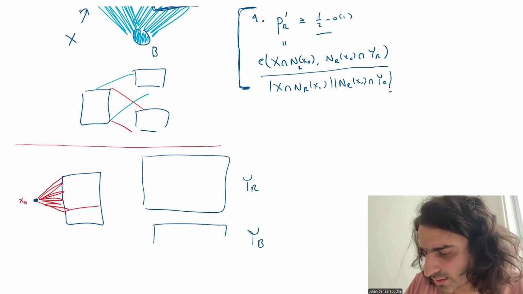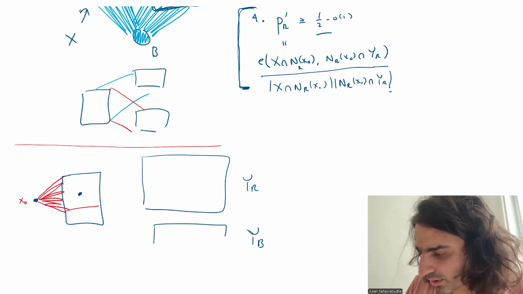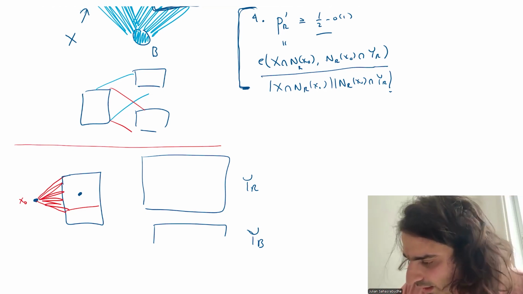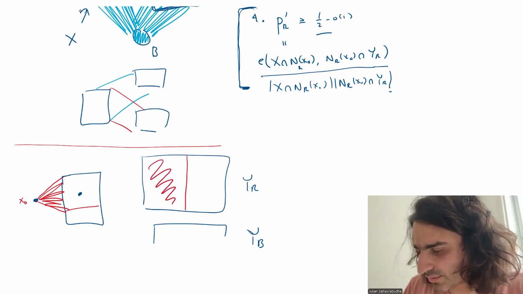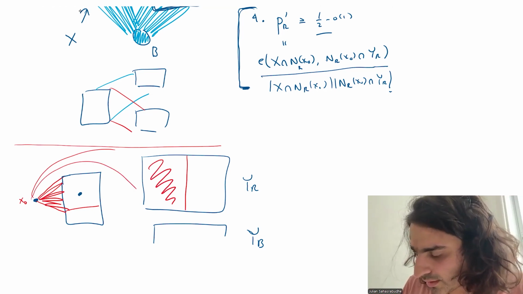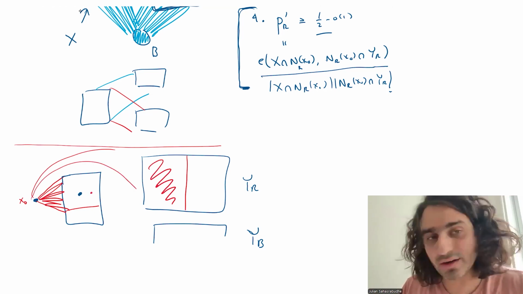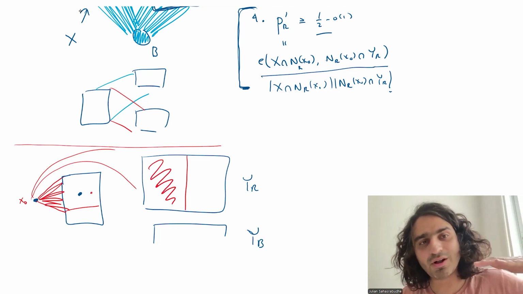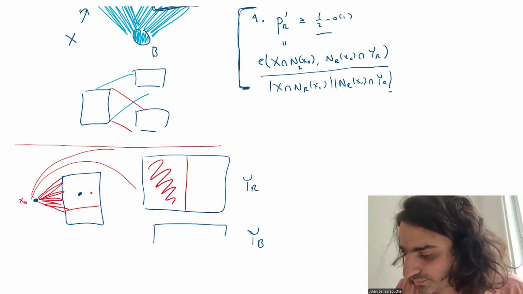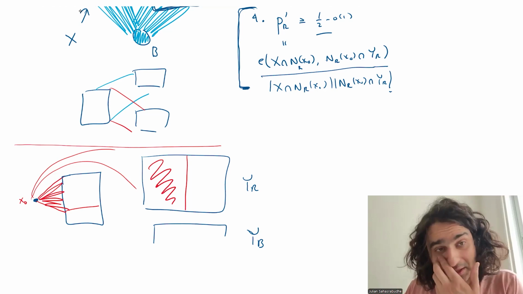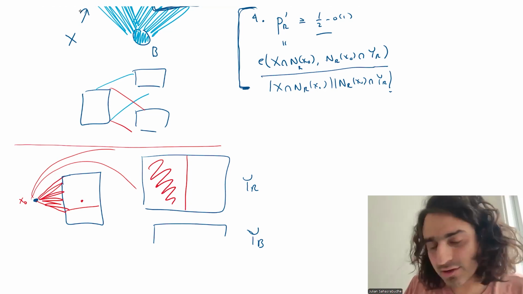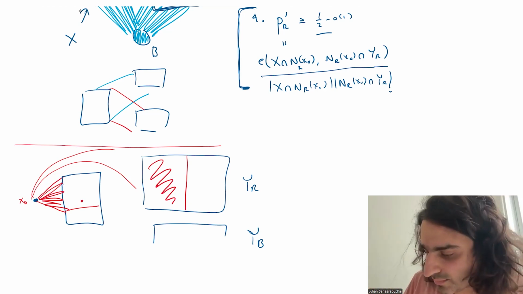So what was the problem? When I looked at the red neighborhood of this vertex over here, the red density between here and here dropped, so it is smaller than typical. What does that mean for a typical vertex here? Let me make another observation.